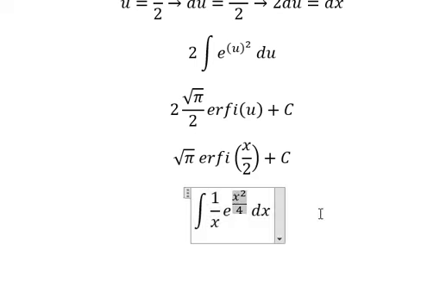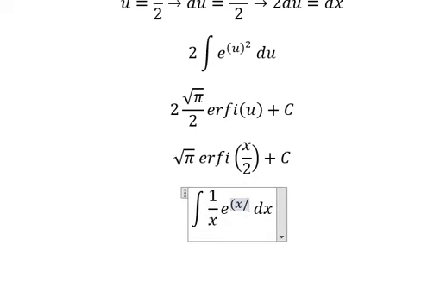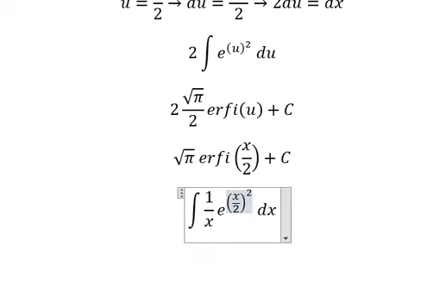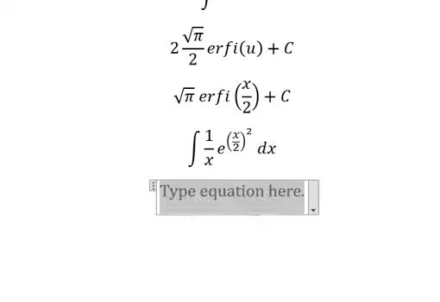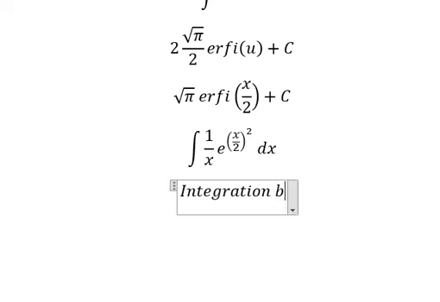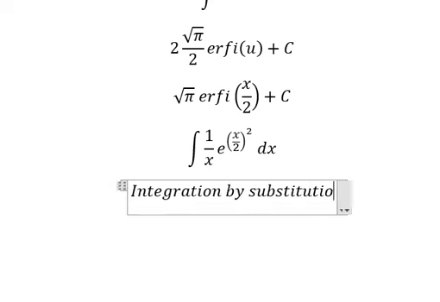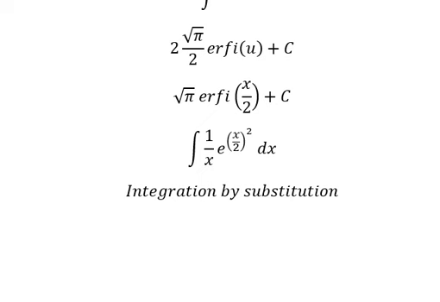So this one we can put like this. So we can use integration by substitution. So I will put u equals s over 2, because we have s, so I will move 2 to the left.